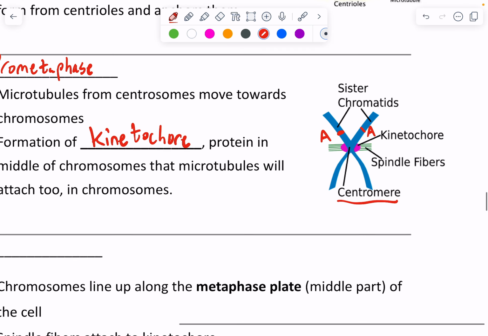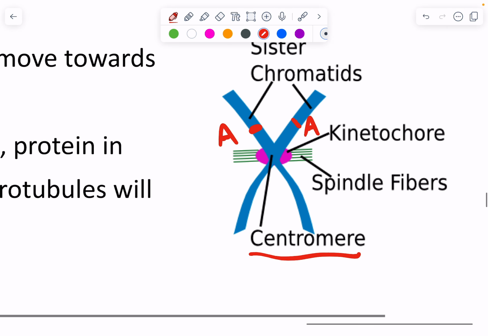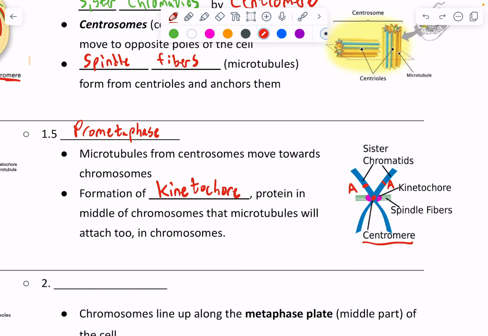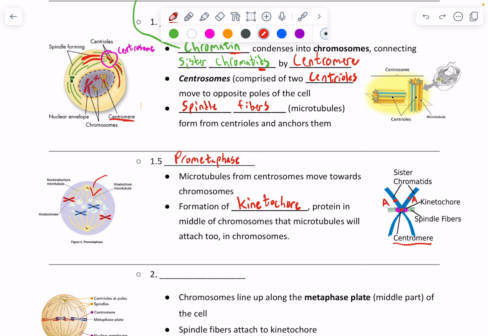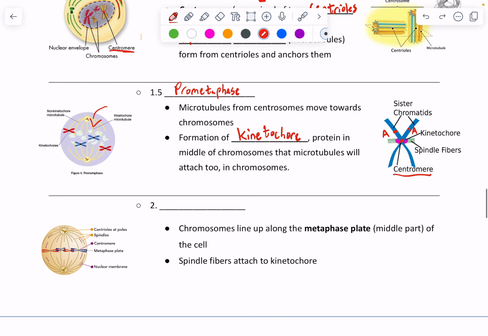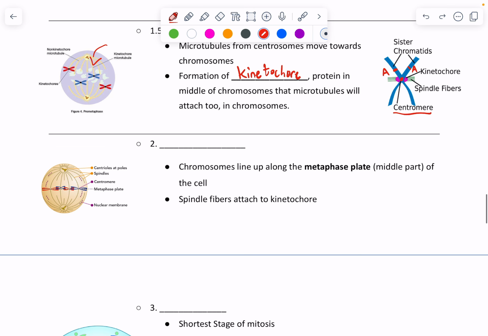So it kind of provides like a hook. So this section in red is the centromere, and then the pink structures you see here, those are the kinetochores coming out of the centromere, so the spindle fibers can attach to them. And so in this phase, we're just latching on to the chromosomes so that we can pull them apart later.